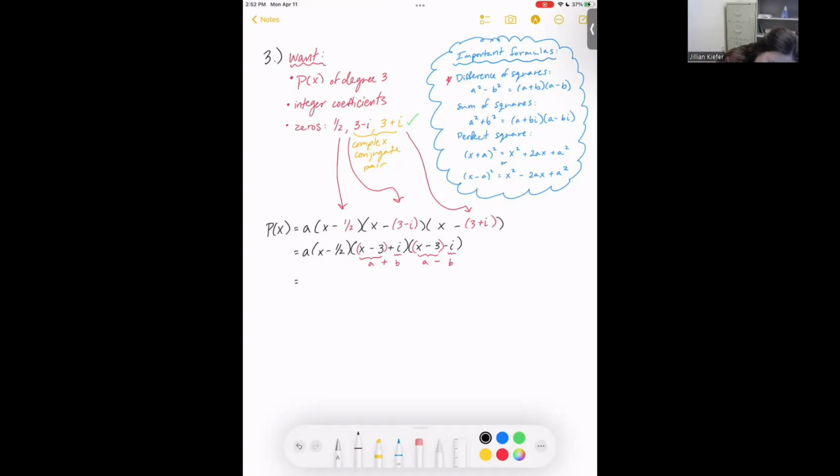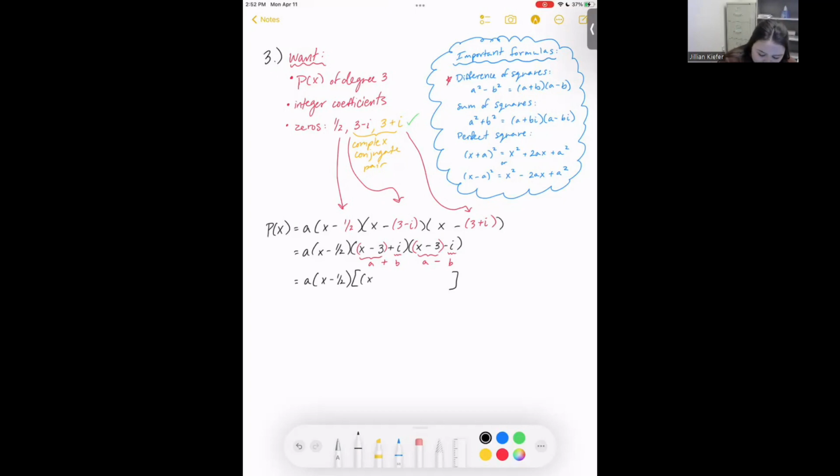So we're going to have a times x minus 1/2. We're going to put some bigger square brackets around this part just because we want to keep it very separate, and too many parentheses gets too messy a lot of the time. So we've got a plus b times a minus b. And according to our difference of squares, that's going to simplify into a squared minus b squared. And a is x minus 3.